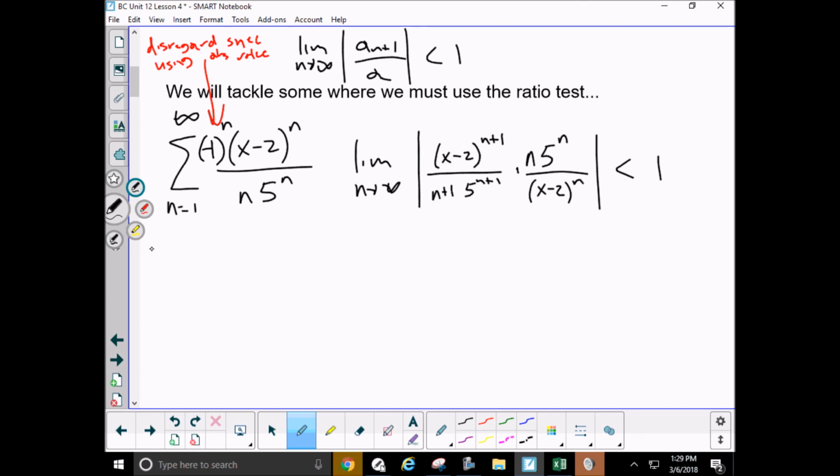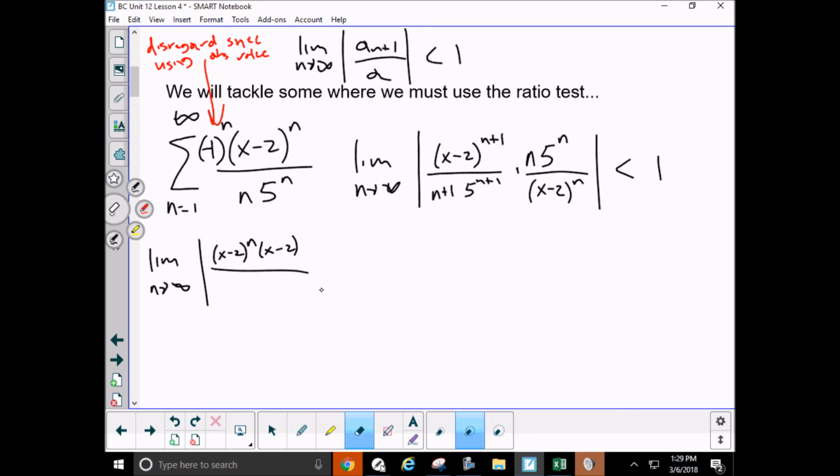Okay, next step. We will make sure that we can simplify this, write it with its partners, and try to simplify it as much as possible. So I will rewrite x minus 2 to the n plus 1 as x minus 2 to the n times x minus 2. I will put that over x minus 2 to the n, which was in this denominator.